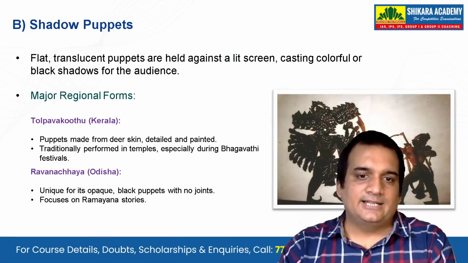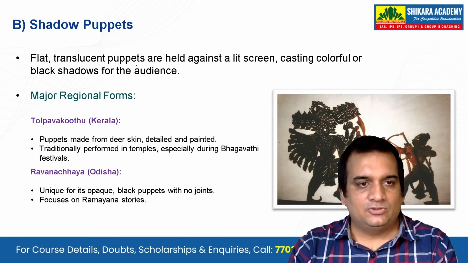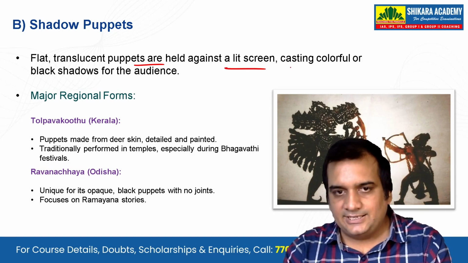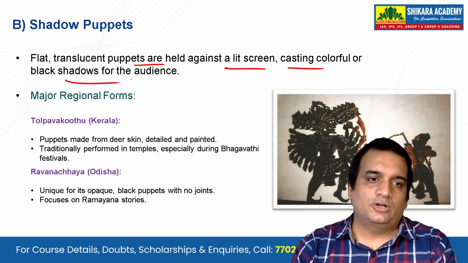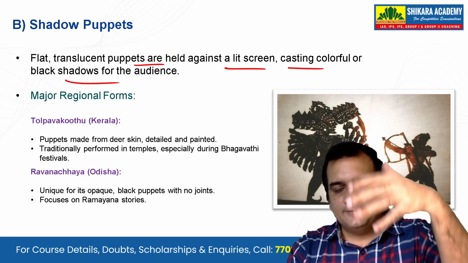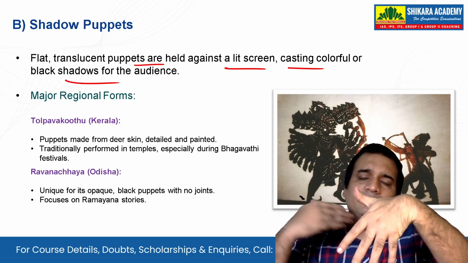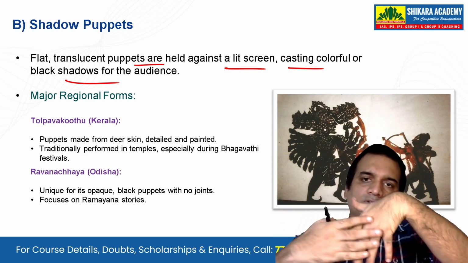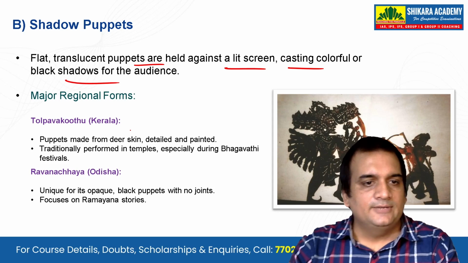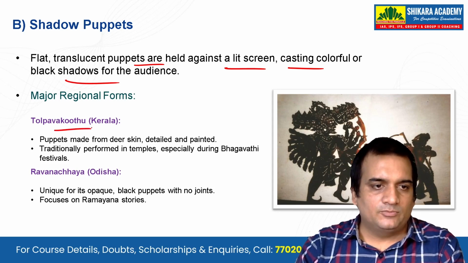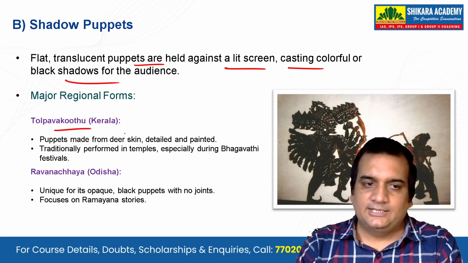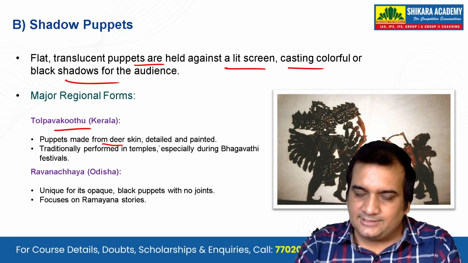Let's see the next, that is the shadow puppet. Flat translucent puppets are held against a lit screen, casting colorful or black shadows for the audience. Obviously for shadow, the light is given from one side so that the shadow will fall on the other side. Here you will see the major regional forms as Tolpa Vakutu in Kerala. Puppets are made from deer skin.